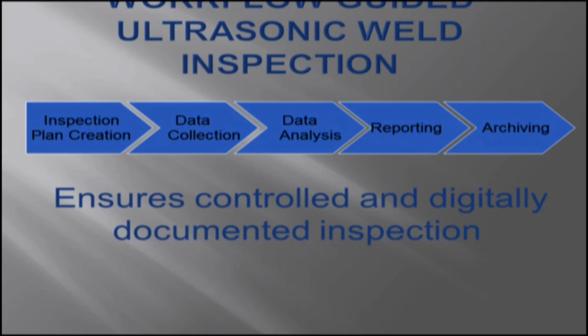As you can see, in this case, we've broken up the workflow-guided process into 5 specific steps, from creation of the inspection plan, through the actual data collection, the analysis of the data, the reporting, and the archiving. So what I'd like to do now is walk through these 5 specific steps one by one.